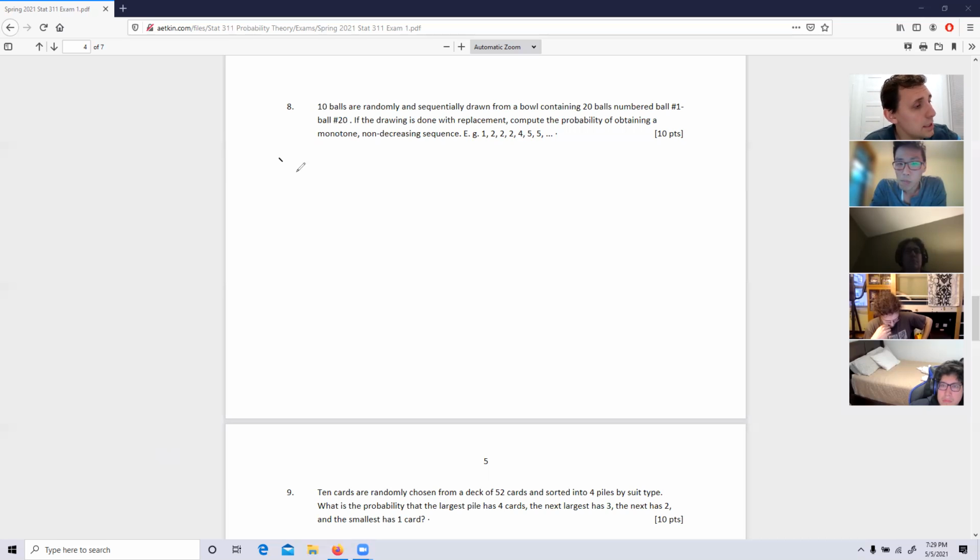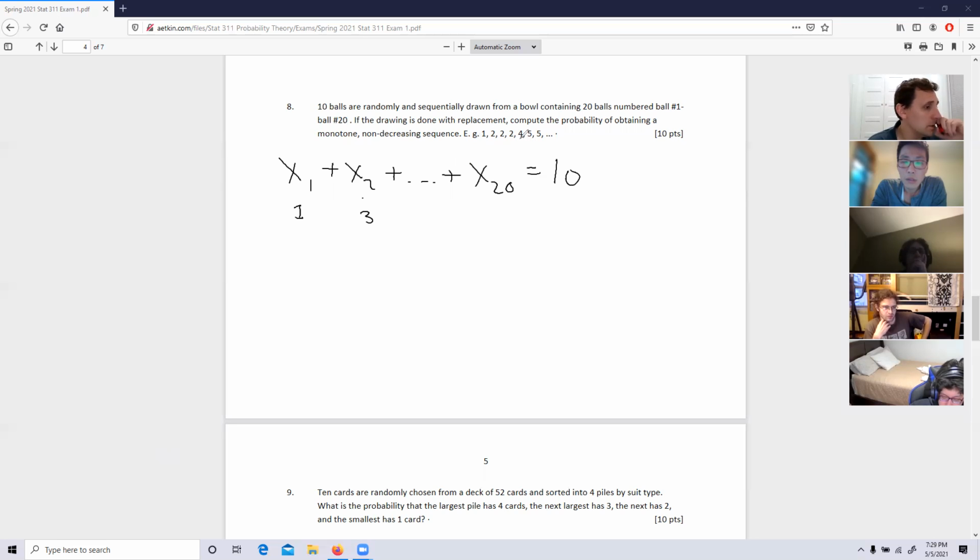So I can look at the equation x1 plus x2 all the way plus x20 equals 10. This means how many balls I gathered of type 1, how many times I gathered balls of type 2. Like in this example, type 1 was 1, type 2 is 3, type 5 is, I don't know how many, at least 2.